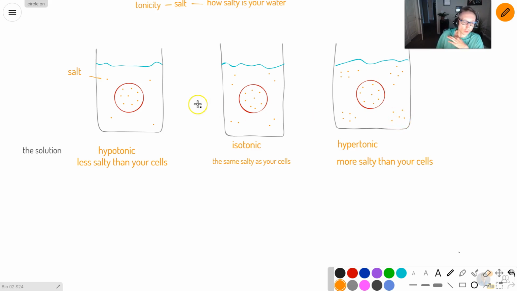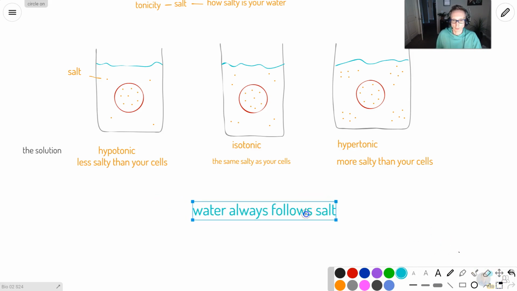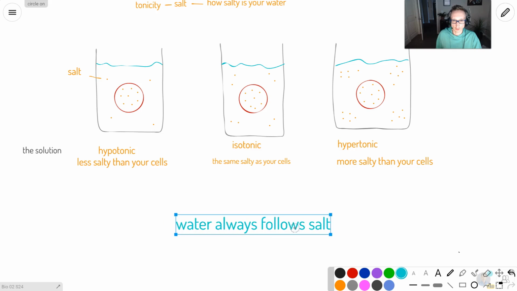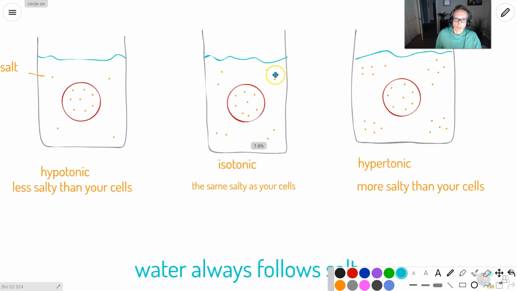Cool. Okay. Well, water always follows salt. I'm just going to write that down. Very key. Water always follows salt. And we'll start here.